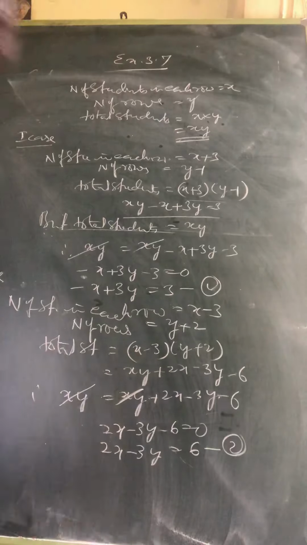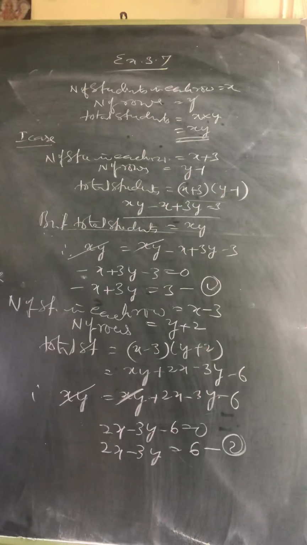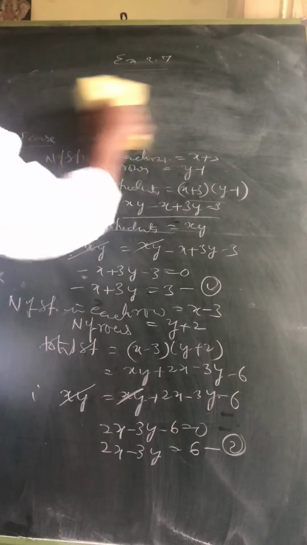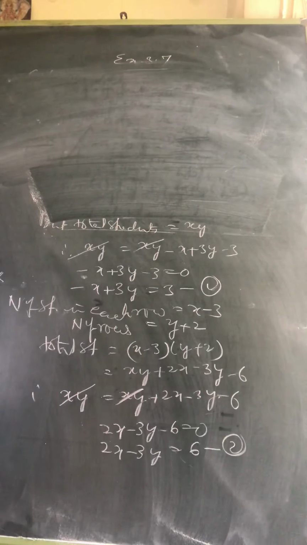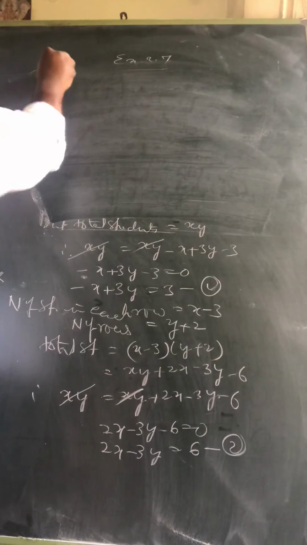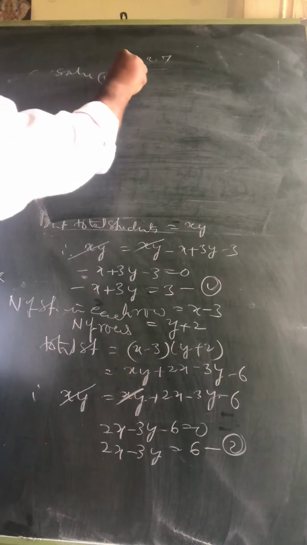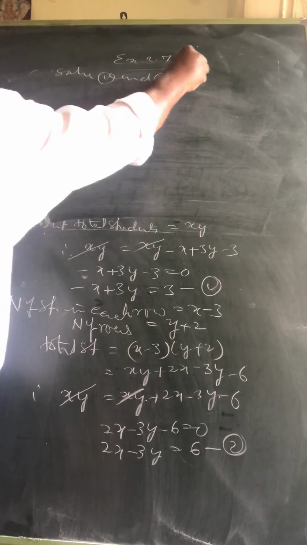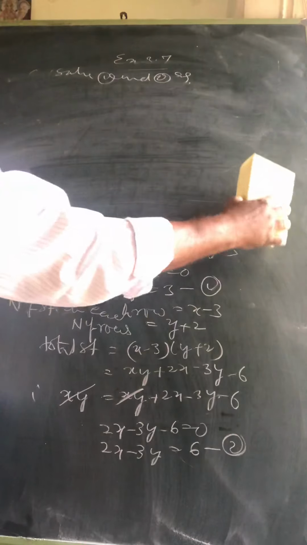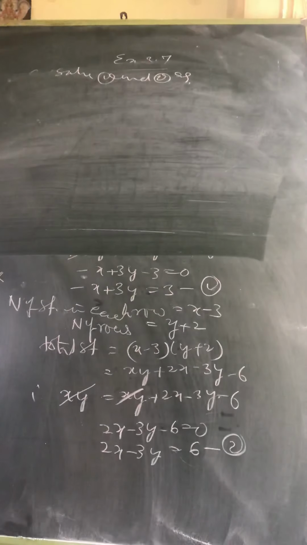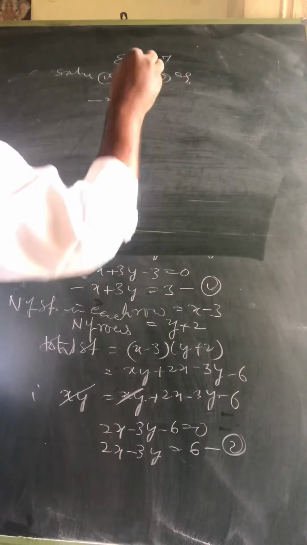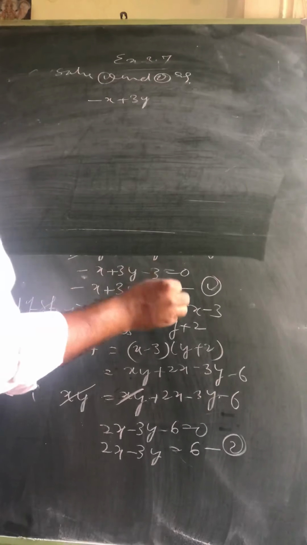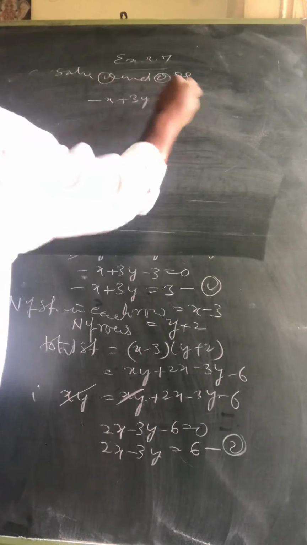Okay. Now we are coming to the solving. Now you got the first and second equations. What is the first equation you got? Solve equations 1 and 2. The first equation is minus x plus 3y is equal to 3.